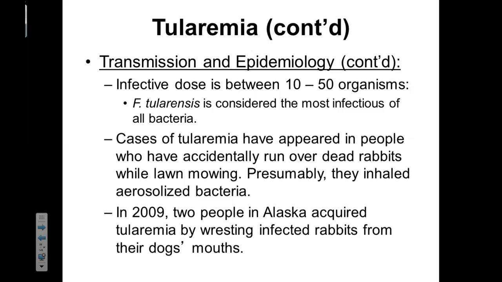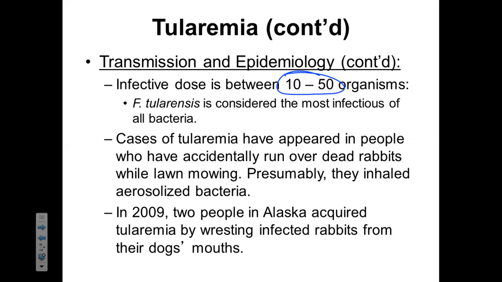This bacterium can cause an infection if we have as few as 10 to 50 microorganisms get into the patient. This is on par with the Yersinia pestis in terms of being one of the most infectious of all bacteria. Cases of Tularemia have been appearing in people who even occasionally run over dead rabbits with a lawnmower.